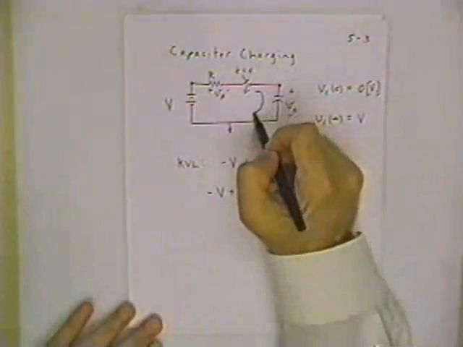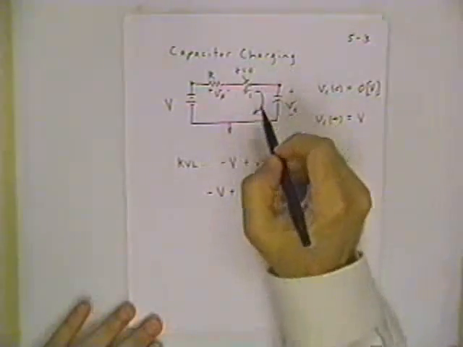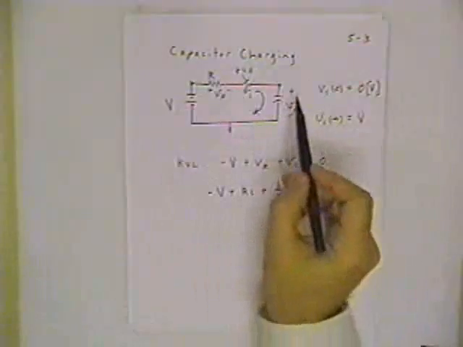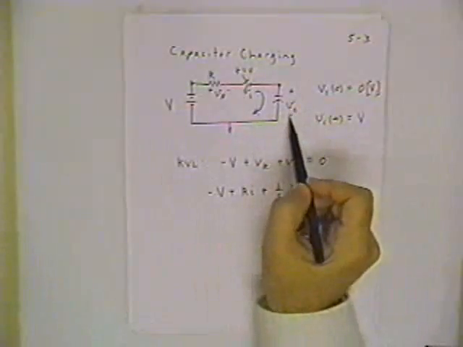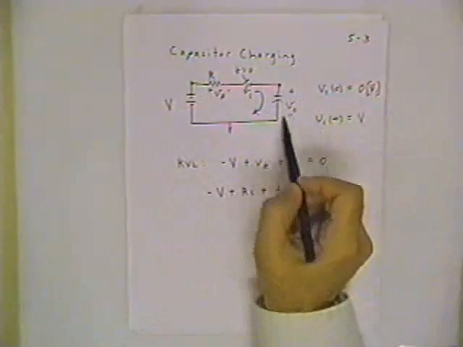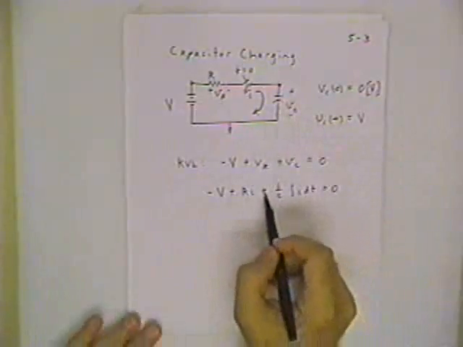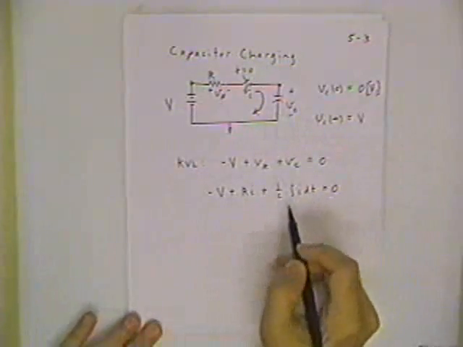The current that I'm describing in this equation is the current going clockwise through the circuit, and it's going from higher to lower potential. The capacitor here is acting like a passive element, and so I use the positive sign in my model.